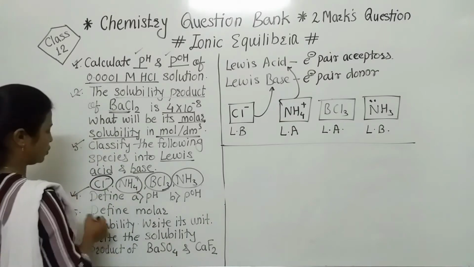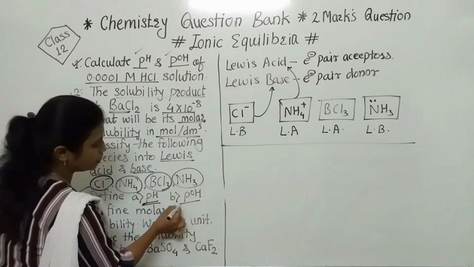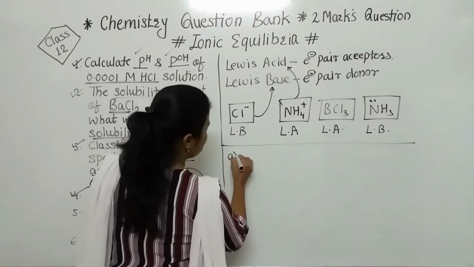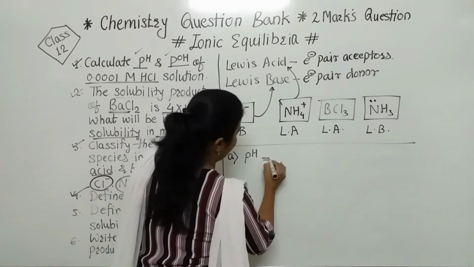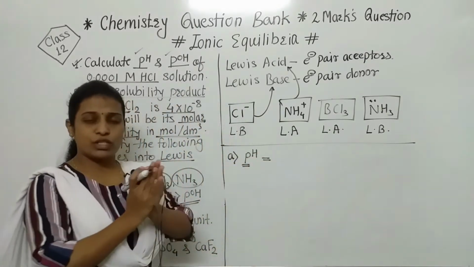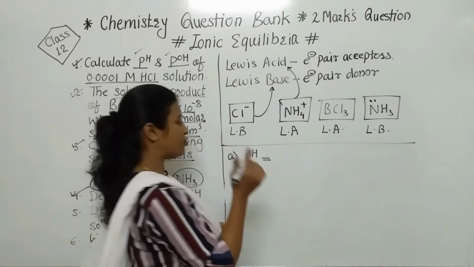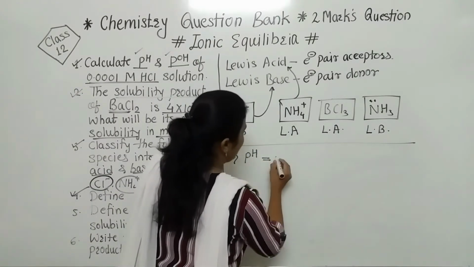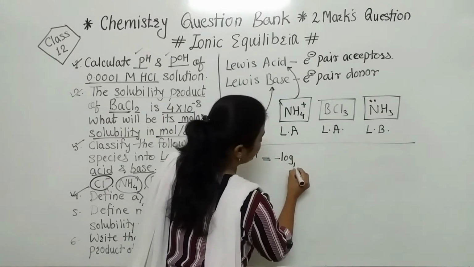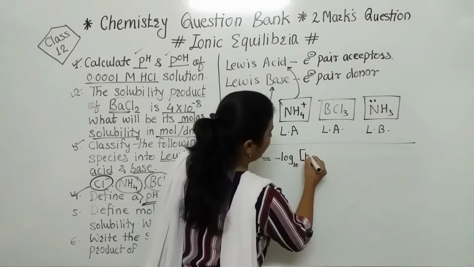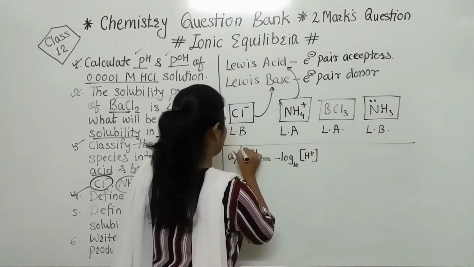Now see the next question. Define pH and pOH. First we want to define pH. Simply by using the formula we can define pH as well as pOH. What is the formula? pH is the negative logarithm to the base 10 of hydrogen ion concentration.